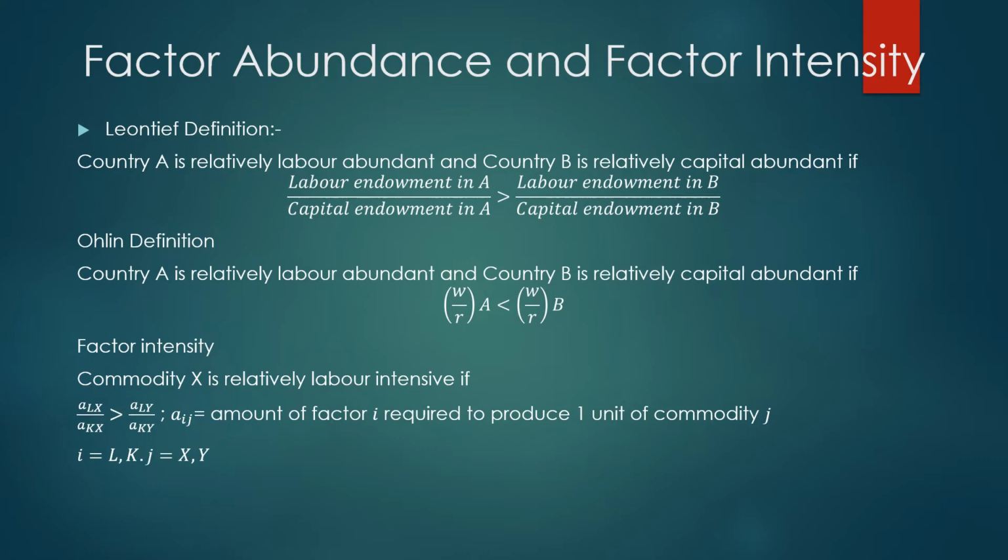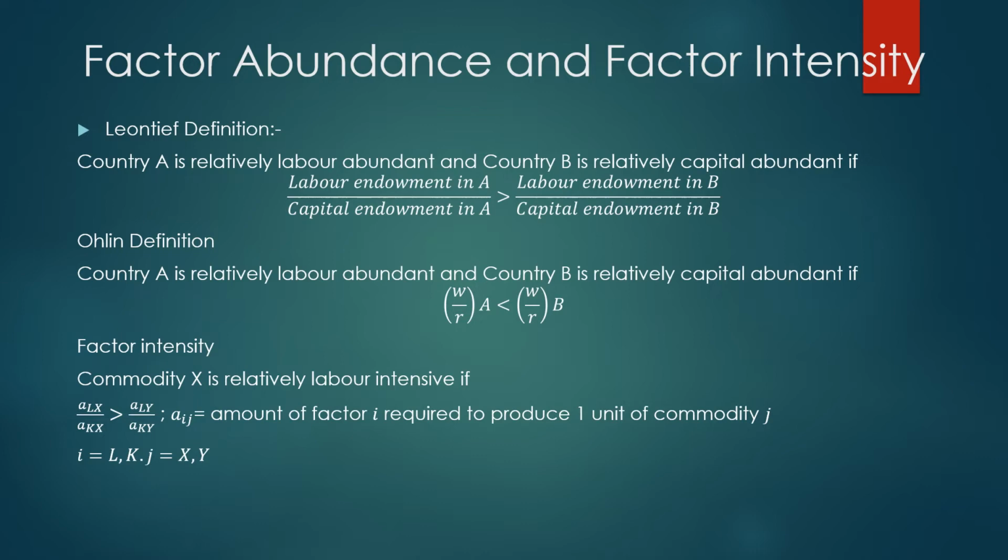Next, factor intensity. What is factor intensity? It is normally measured by the labor-capital ratio or capital-labor ratio. So if we compare two sectors of production, in one sector the labor-capital ratio is more than in the other sector.